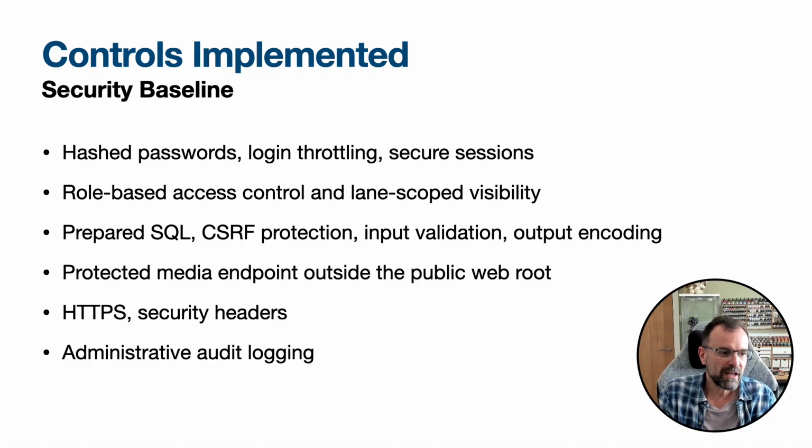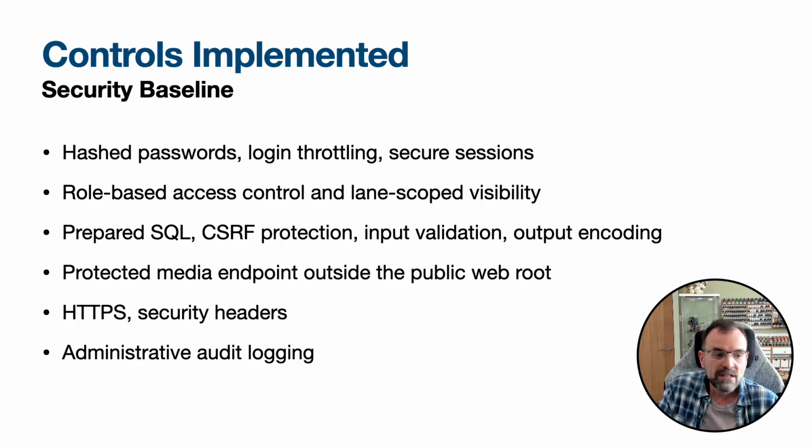The prototype was developed containing a number of security controls and best practices, creating a baseline. Authentication is protected by hashed passwords, login throttling, and session handling. Authorization is role-based, and lane operators are restricted to their assigned lanes only. At the coding level, we use prepared SQL to reduce SQL injection attacks, CSRF protection, server-side validation, and output encoding.